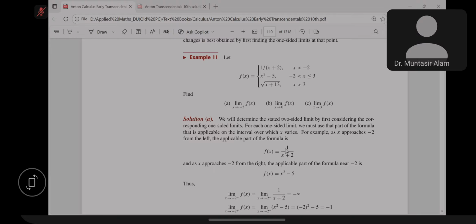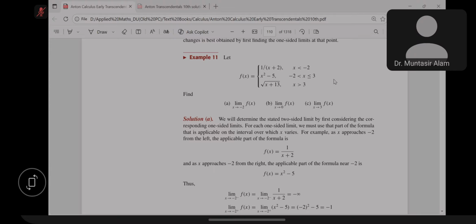So in my earlier classes, I discussed piecewise defined functions. Have I discussed? Yes, sir. Okay, so you have the idea how to deal with a piecewise defined function. How many pieces are there in the entire domain?